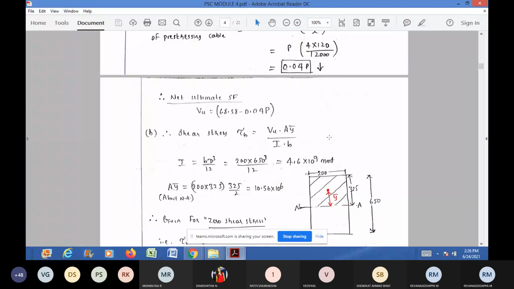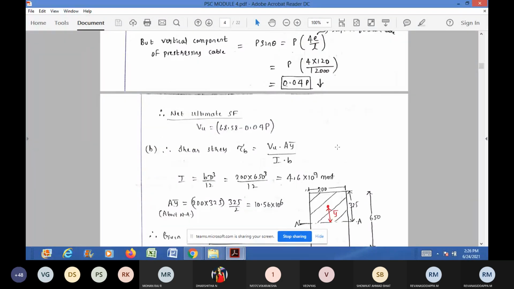You equate this term to 0. Now what we have to do is find all these parameters and substitute. You will get the required parameter, that is the pre-stressing force.